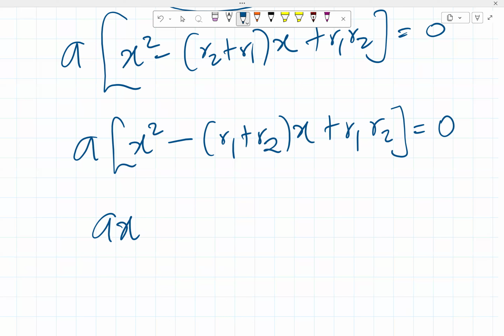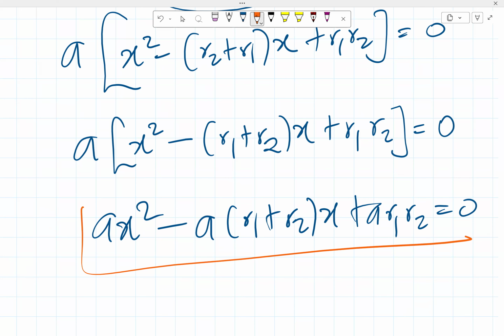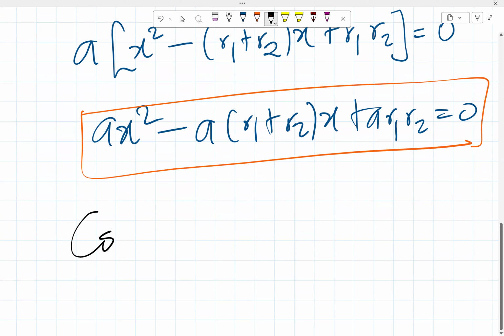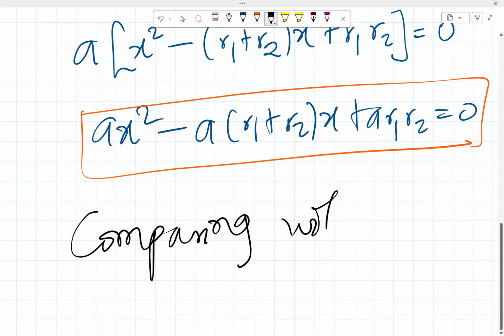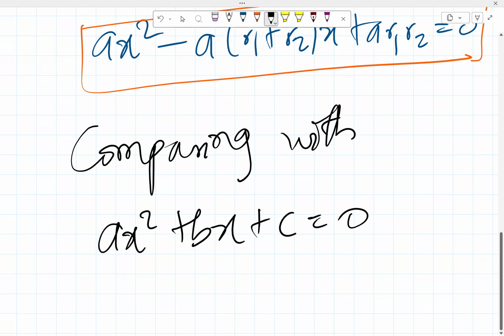So we have ax squared minus a into (r1 plus r2)x plus a r1 r2 equals 0. We want to compare this with the original form, which is ax squared plus bx plus c equals 0.